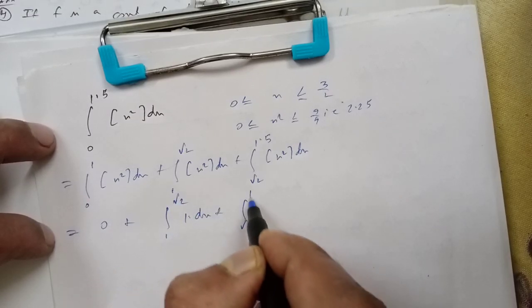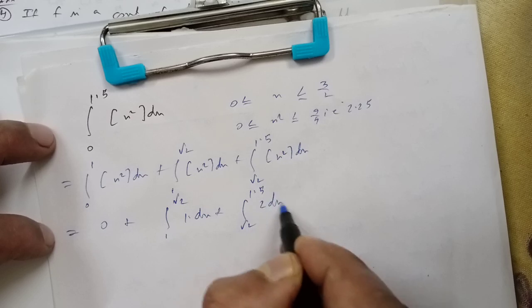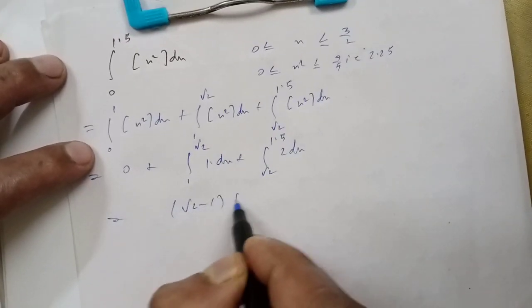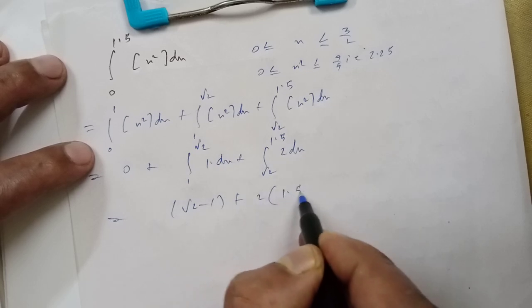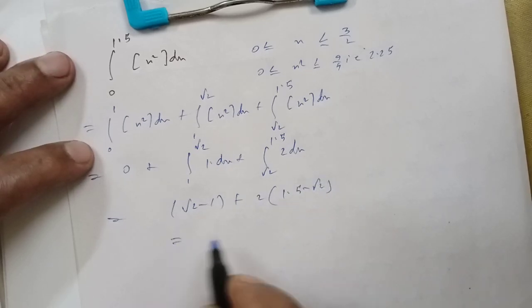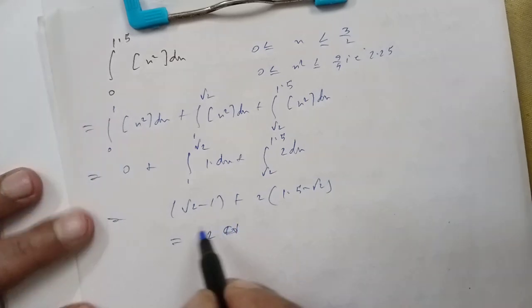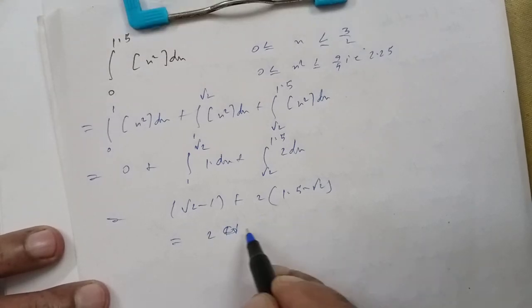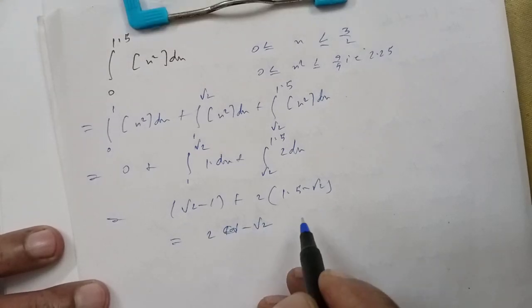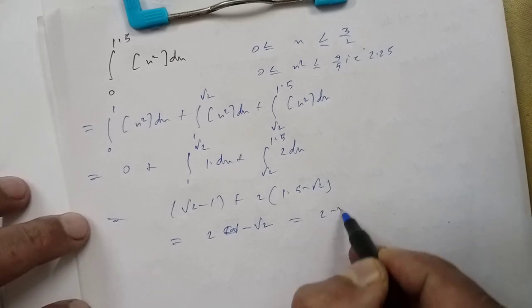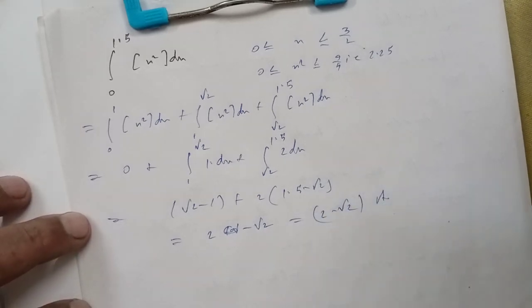This is root 2 to 1.5 of 2 dx. This will be root 2 minus 1. This will be 2 into (1.5 minus root 2). 2 into 1.5 is 3. 3 minus 1 is 2. Root 2 minus 2 root 2, that is minus root 2. Your answer will be 2 minus root 2. This is your answer.